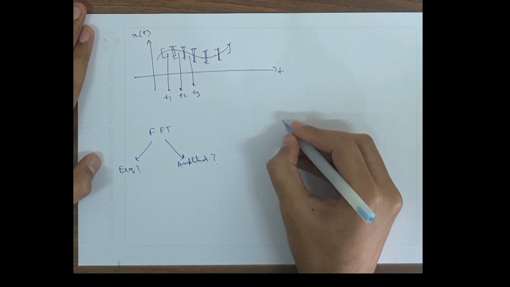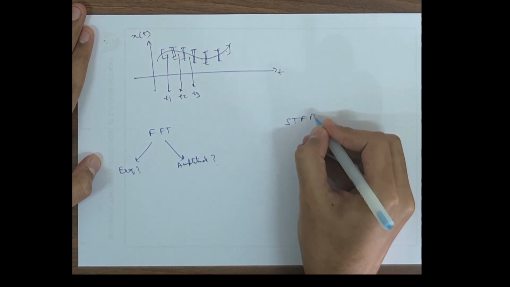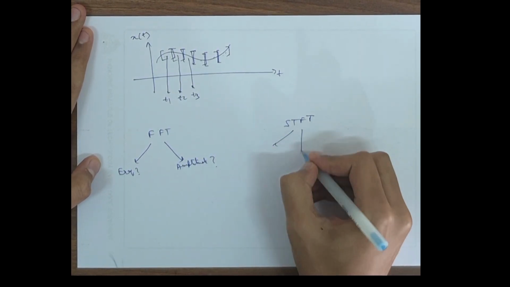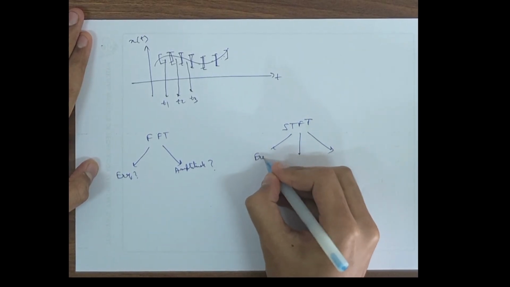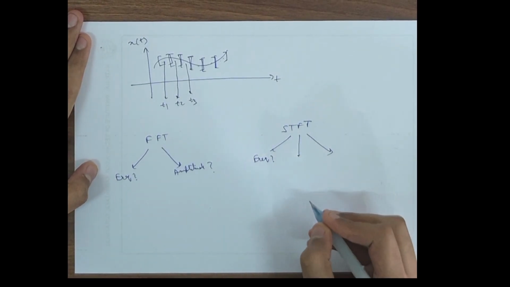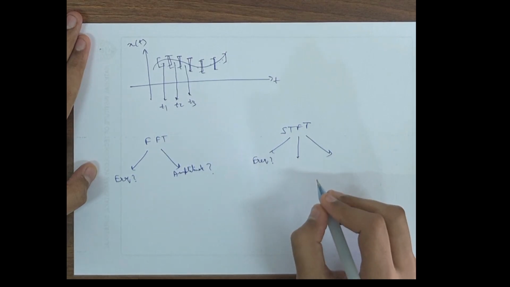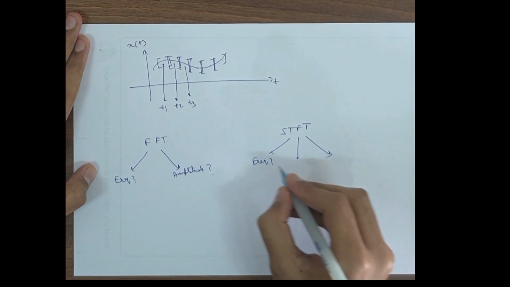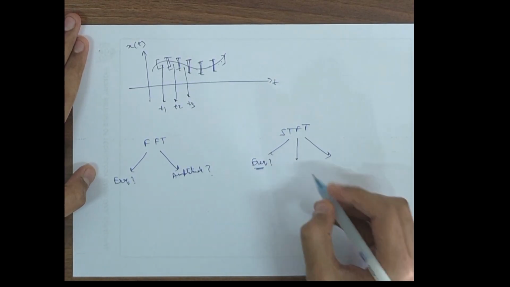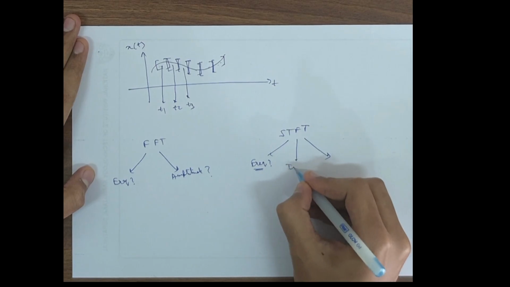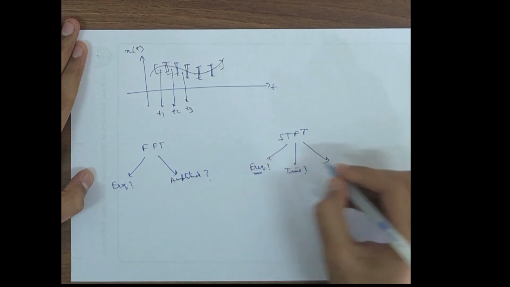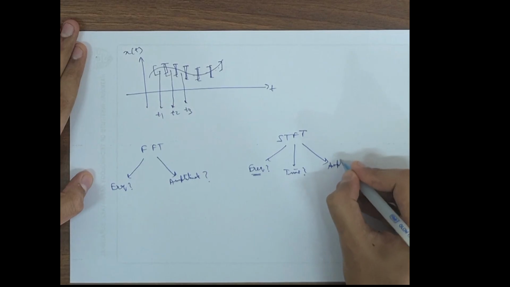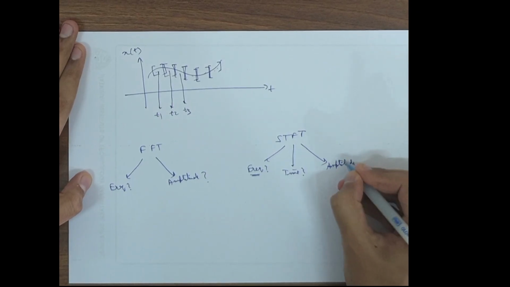But now this STFT, short time Fourier transform, is answering three questions. The first question is the same: what are the frequencies present? The second question, which is the most important one now, is at what time these frequencies are occurring. And the third question is the same: what is the amplitude of those frequencies?